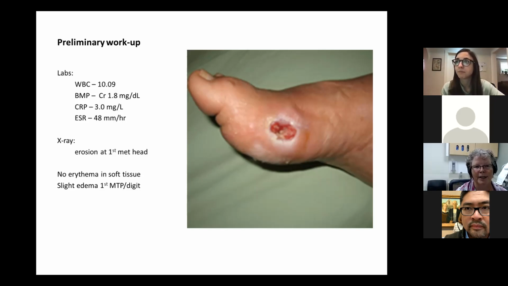You can often go in and grab a little bit of deep tissue because the patients are frequently neuropathic, so they tolerate those deep tissue collections quite well. If you have access to a bone biopsy, that's ideal.